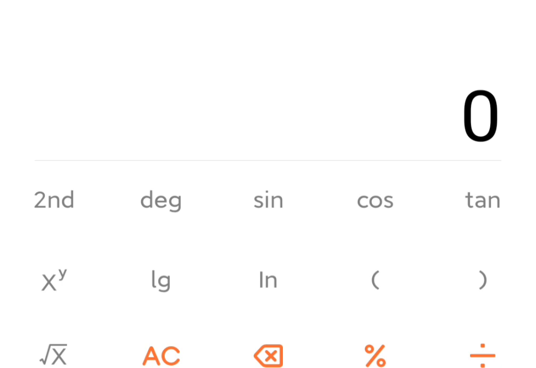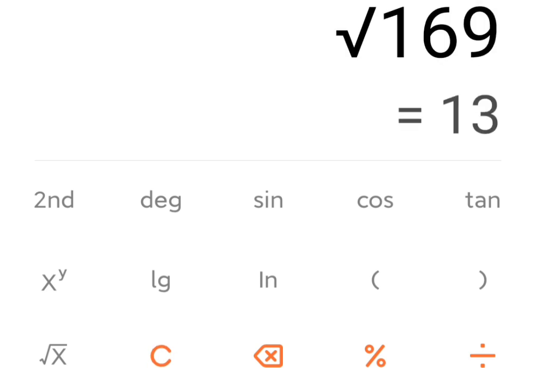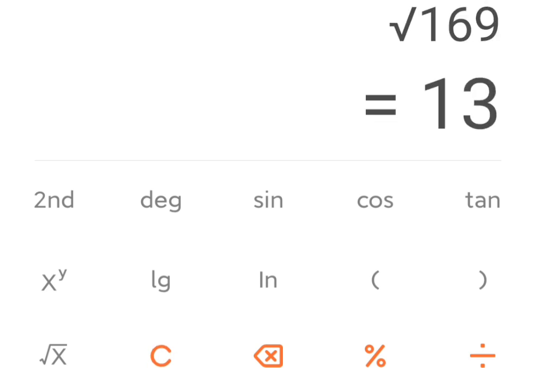Now this button is here, as you can see, square root. You push this button and then you write 169 and you press equals. So the answer is 13.